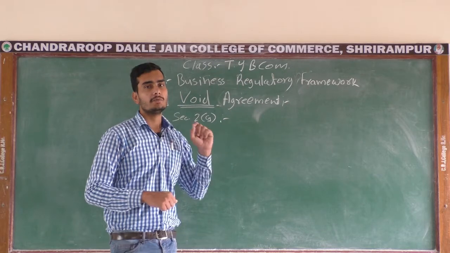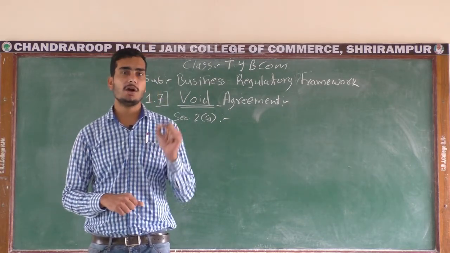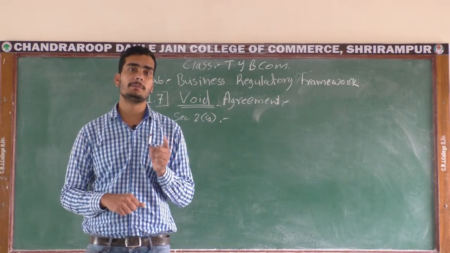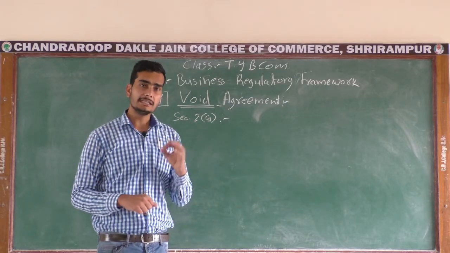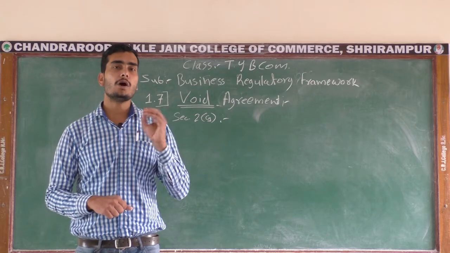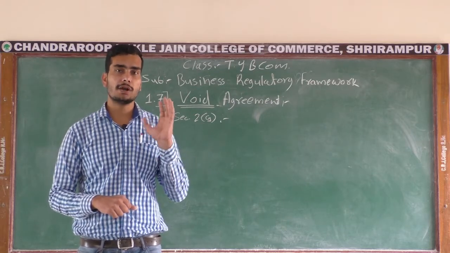It means that whenever any agreement does not fulfill all the points relating to a valid contract, or is not enforceable by law, it is declared a void agreement. That type of agreement is unlawful or not acceptable from the very start of the agreement.